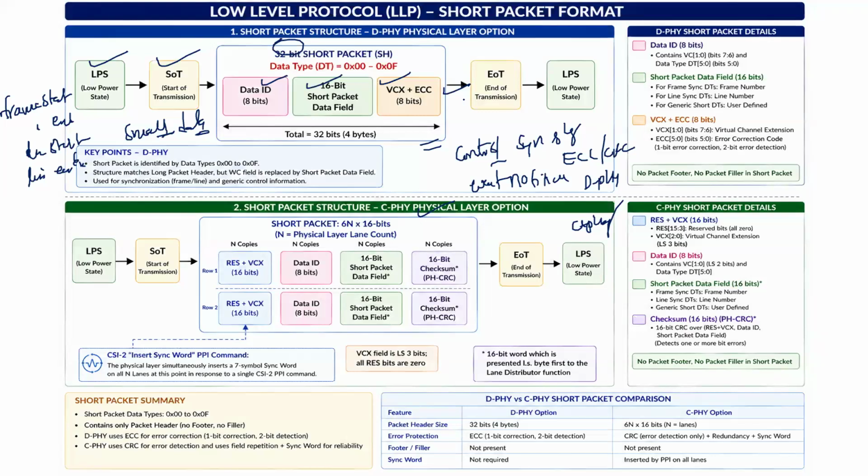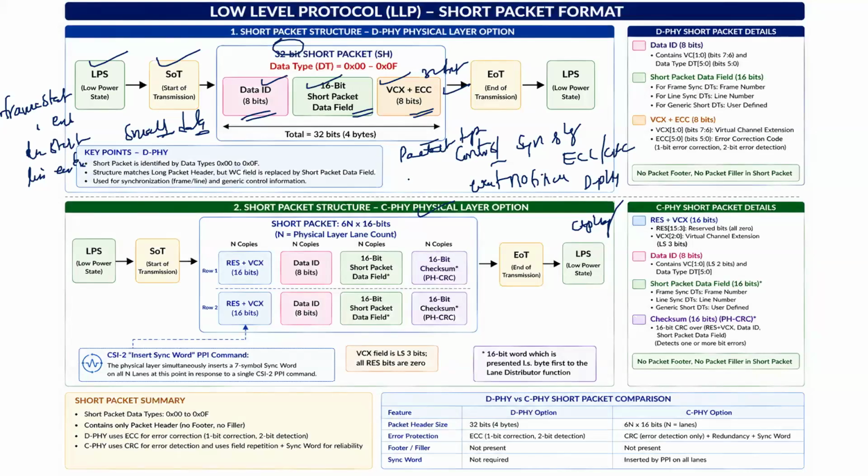Start of transmission means where you start the data, and in the D-PHY layer we use 4 bytes, that means 32-bit data. Of that, 8 bits are for the data identifier, then the short packet data, Data 0 and Data 1, and then the VC. You know the data identifier: it mentions what type of packet it is.